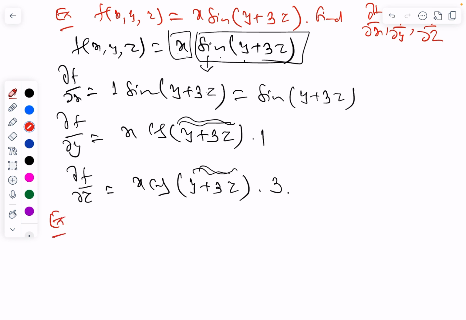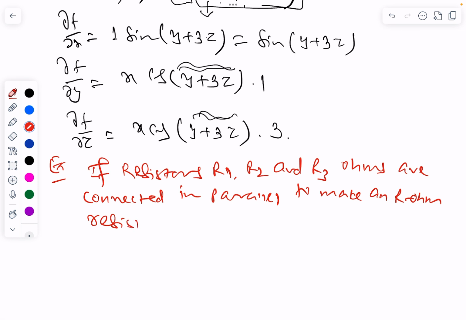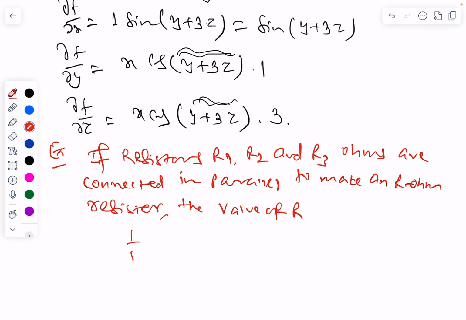Next example. If resistors R1, R2, and R3 ohms are connected in parallel to make an R ohm resistor, the value of R is given by the equation 1 over R equal to 1 over R1 plus 1 over R2 plus 1 over R3.